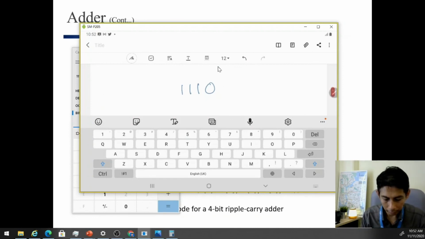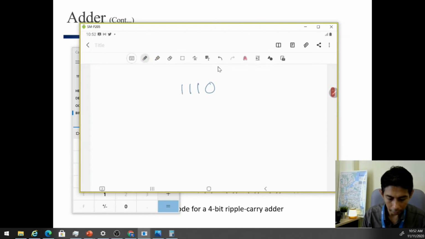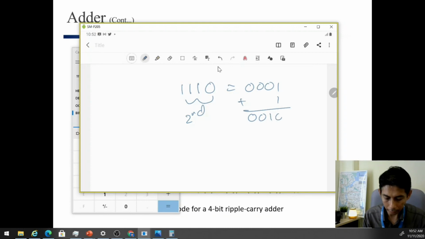Now try to convert this, which is a second complement number, to decimal. You take the complement and have 0001. You plus 1, you have 0010, right?